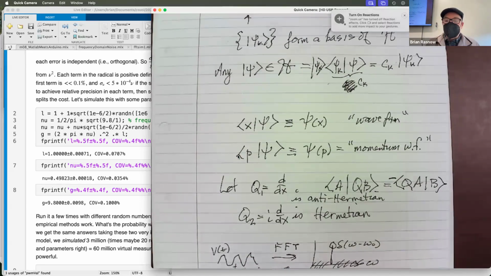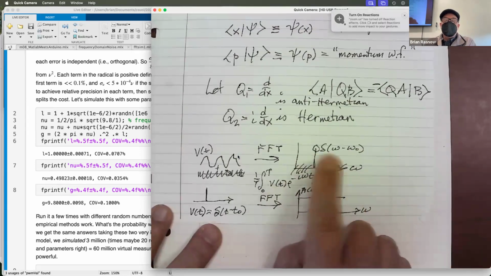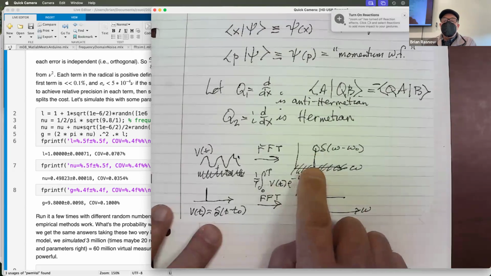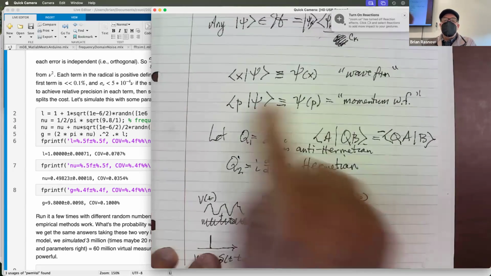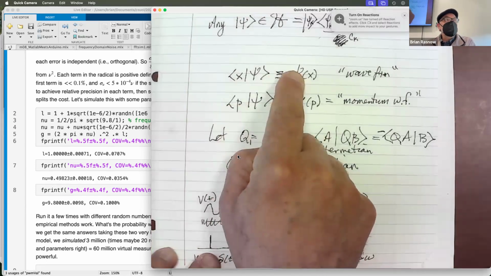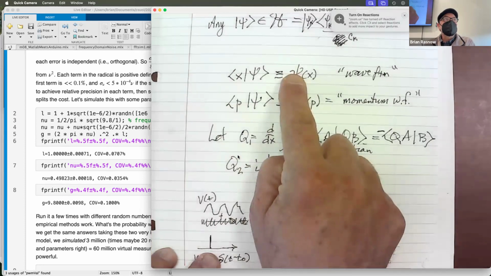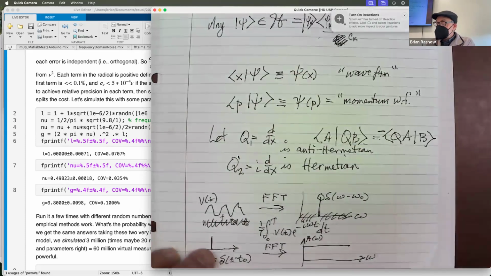I just wanted to share the idea that in some ways you can think of momentum space as being the Fourier transform of position space. So momentum wave functions are Fourier transforms of position wave functions. Why is that?